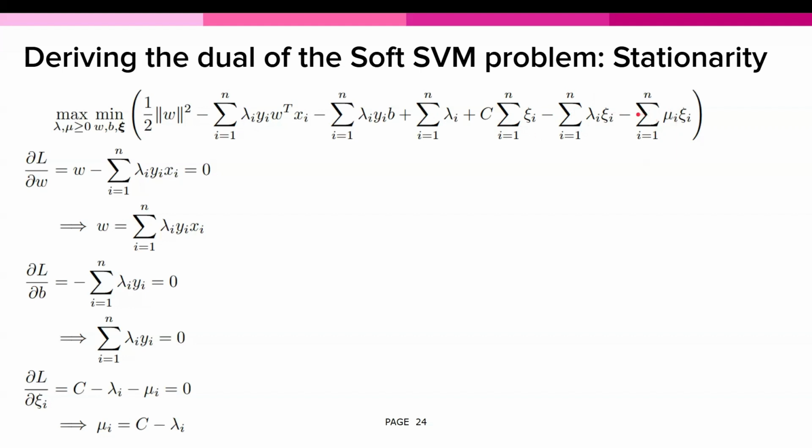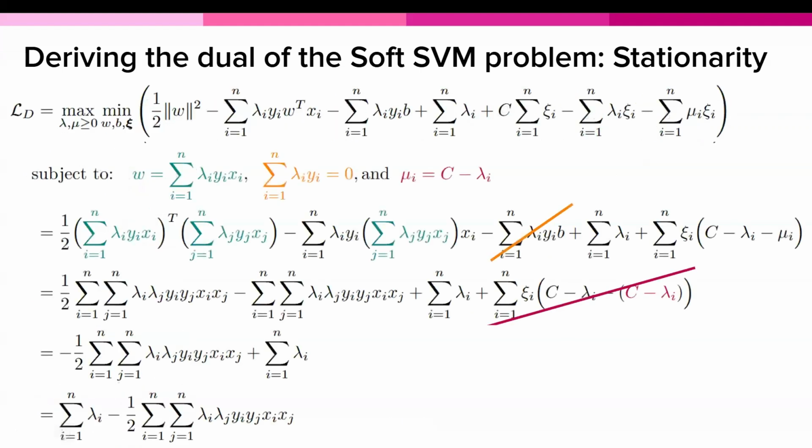So the partial derivative is C minus lambda I minus mu I. And so setting this equal to 0 then gives us a direct relationship between the Lagrange multipliers lambda I and mu I through C. Specifically, that mu I is equal to C minus lambda I.